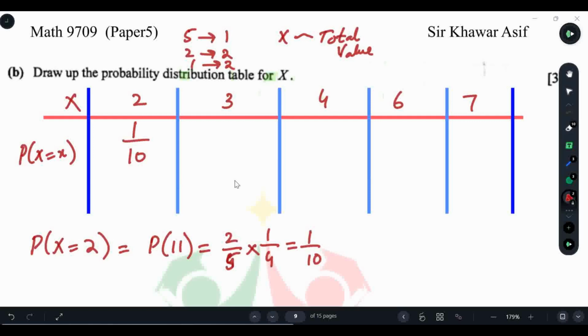The next one is 3. Probability of X equal to 3. How can we find it? We can have the probability of $2 and $1 plus the probability of $1 and $2.